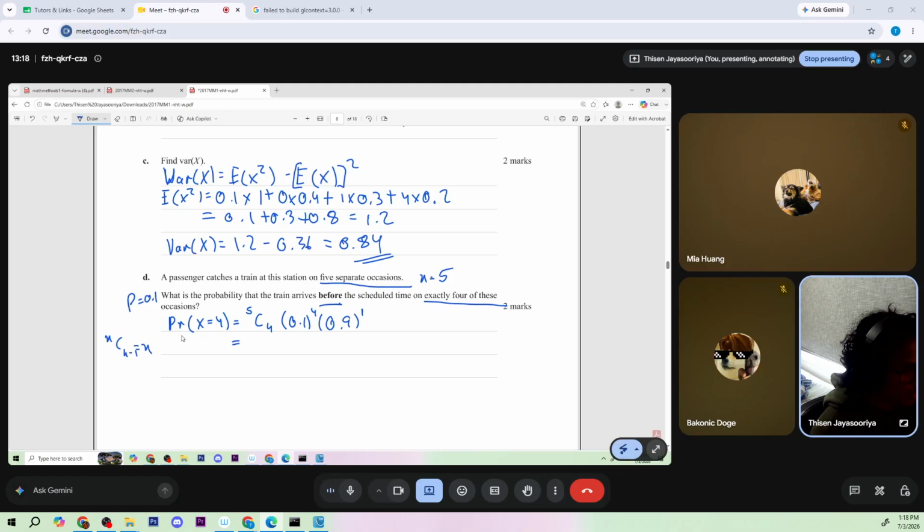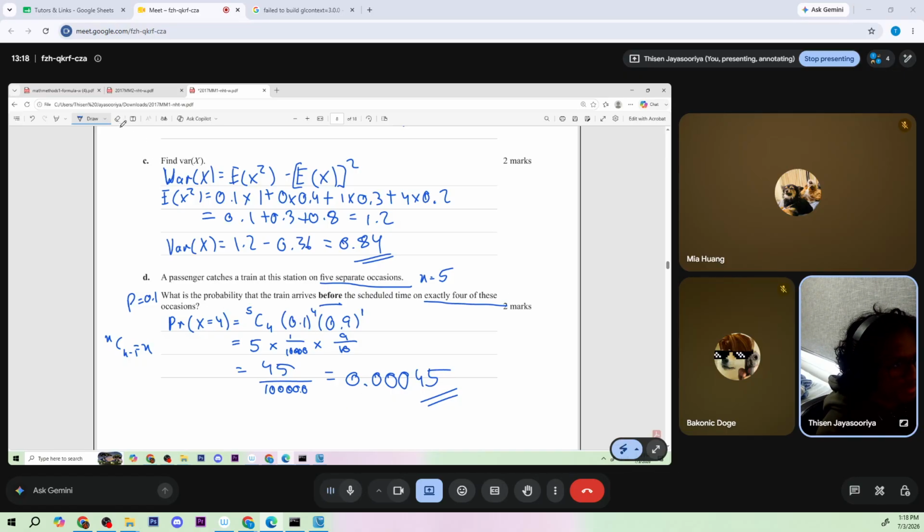So that means the answer is 5 times 1 over 10,000, times 9 over 10, which is just going to be 45 over 100,000, which is 0.00045. That's the probability that it arrives before schedule exactly 4 of these times.